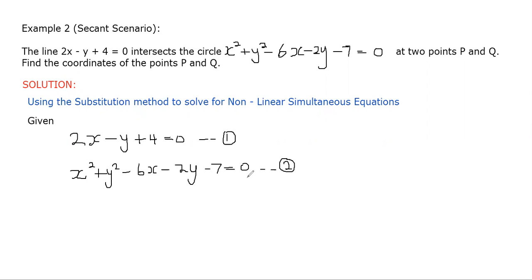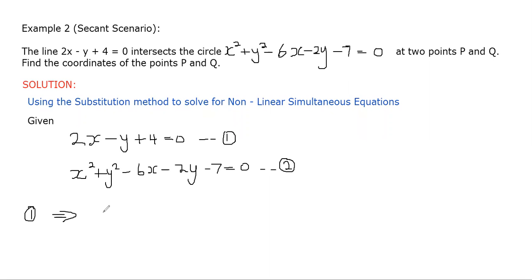Now, recall from the first video, we are taking the linear equation and rearranging it to make our substitution. The linear equation here is equation 1. I'm going to make a substitution for y. So from equation 1, I'm going to rearrange this equation so that y is the subject of the formula.